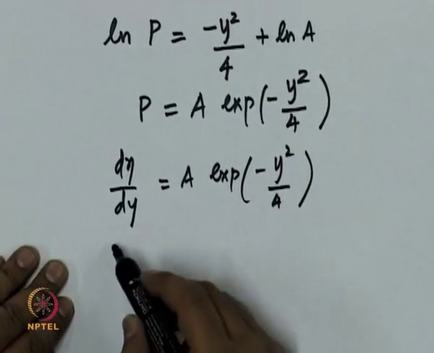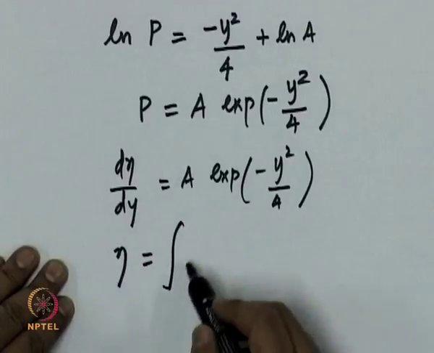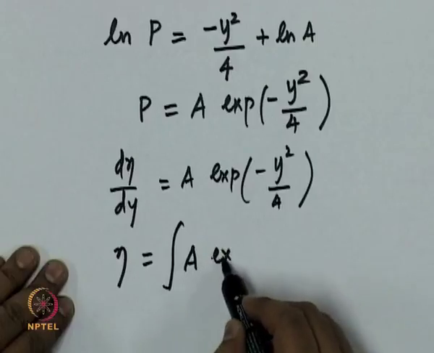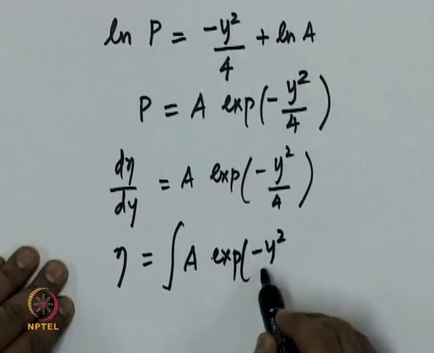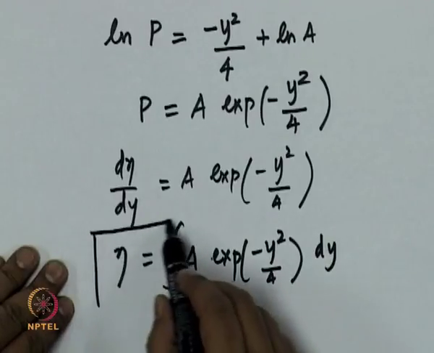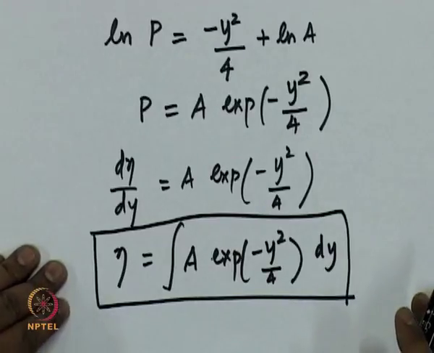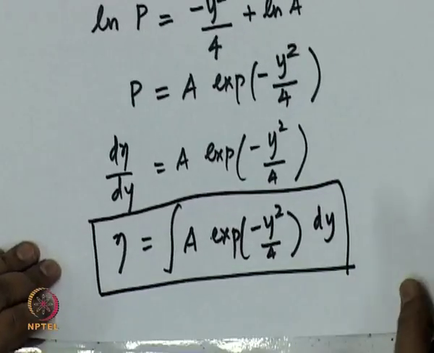So, let us integrate it one more time. Eta is nothing but integral a exponential minus y squared by 4 dy. This is the solution we have obtained. Remember, eta itself was a scaled quantity.